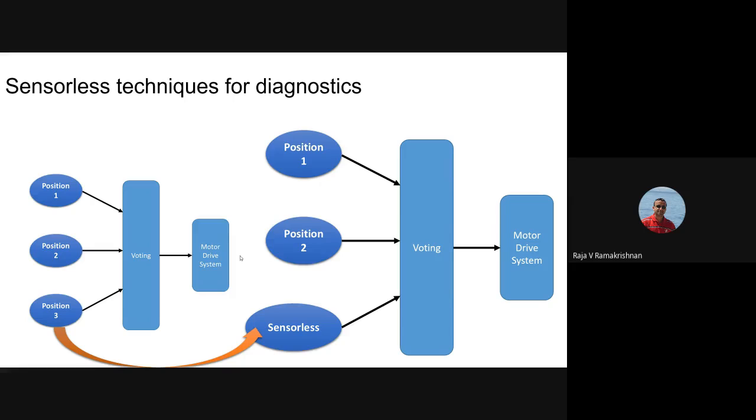I know for traction drive, there are a lot of areas where people are looking to just drive it with sensorless. But in reality, when you go into production and when we have autonomous, you cannot solely depend on sensorless. You need to have sensorless as a backup system. So in reality, sensorless is coming in as a voting or backup strategy here, which can diagnose whether position one or position two failed.